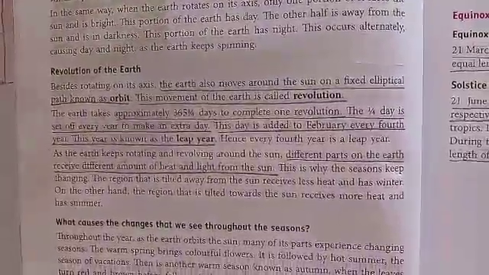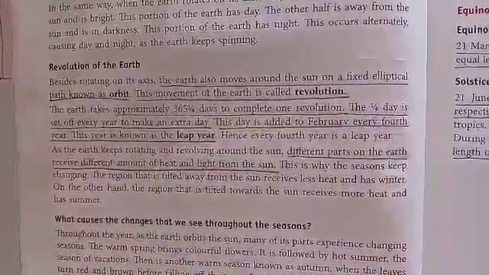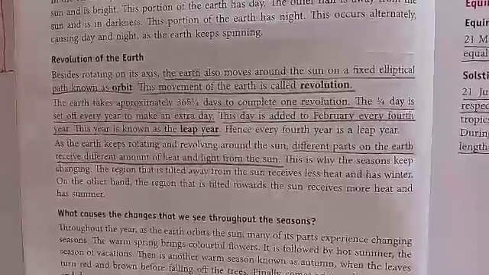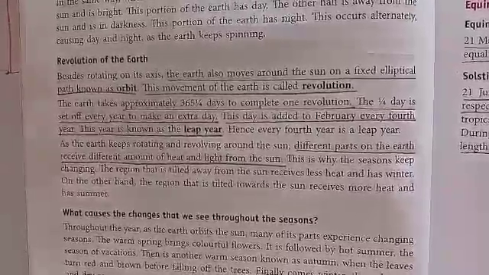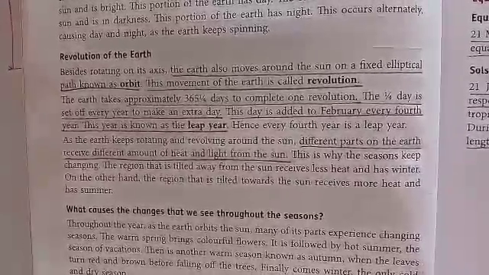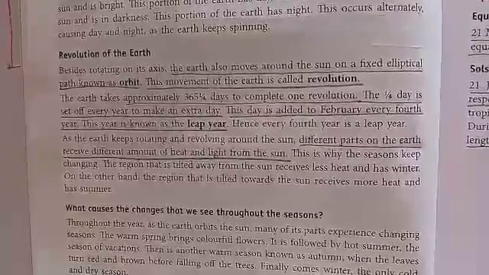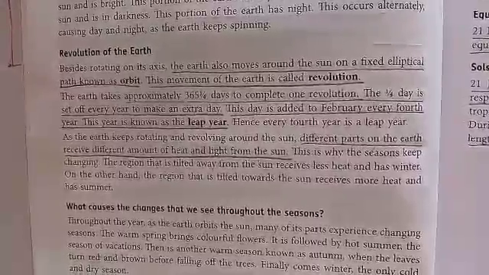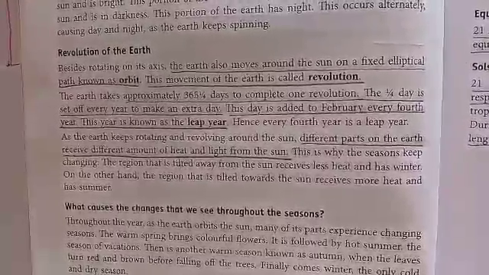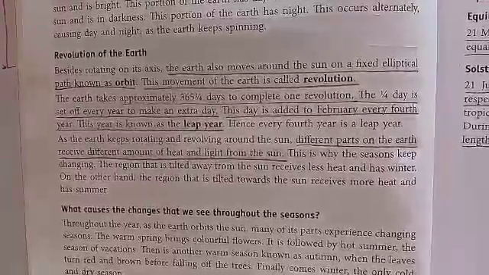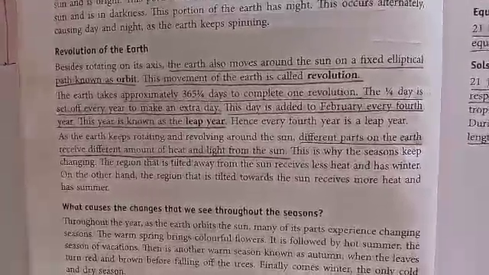So every year this quarter day is set aside, and these quarter days add up to an extra day in every fourth year in February, which we call a leap year. And based on this elliptical path, different parts of the earth receive different amounts of heat and light, which gives the earth different seasons.